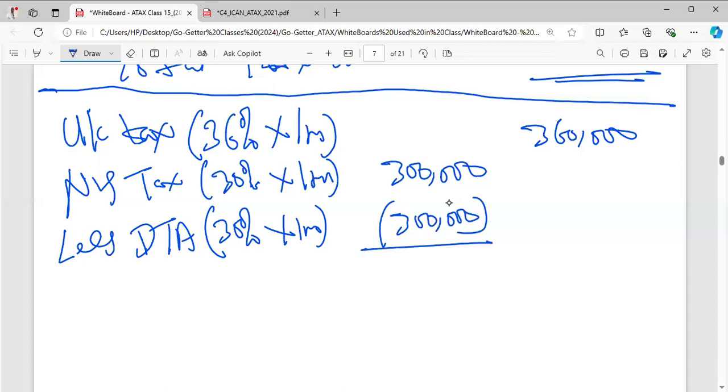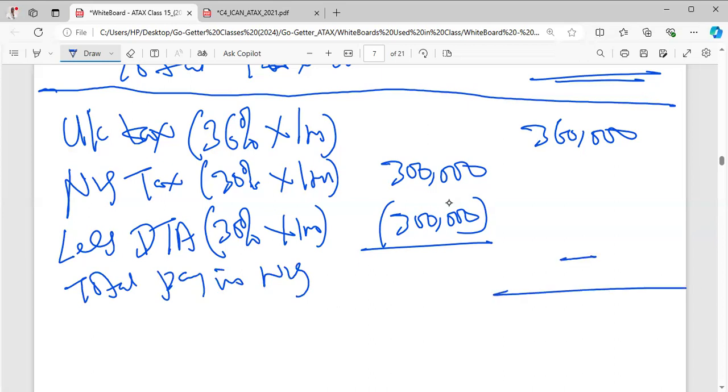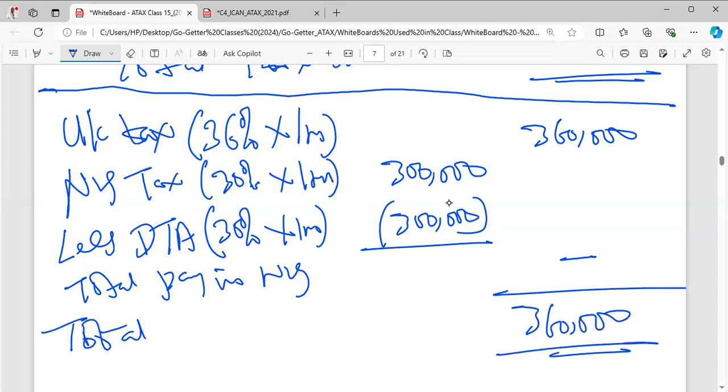So total payable in Nigeria is dash. So 360 is total tax due.